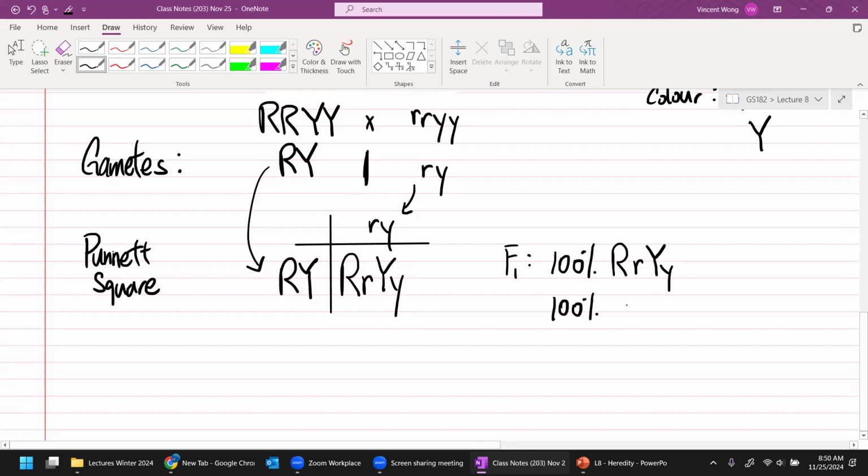What's the phenotype? Round and what? Round and yellow, yes. Which is not surprising. Anytime the parents are pure, then all the F1 generation.